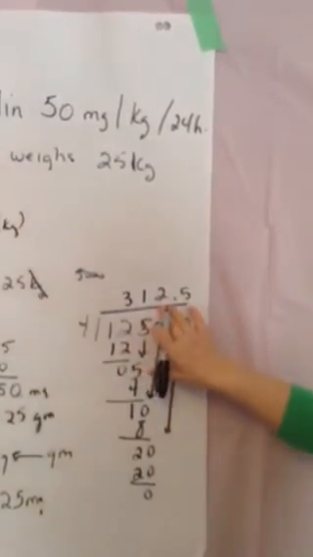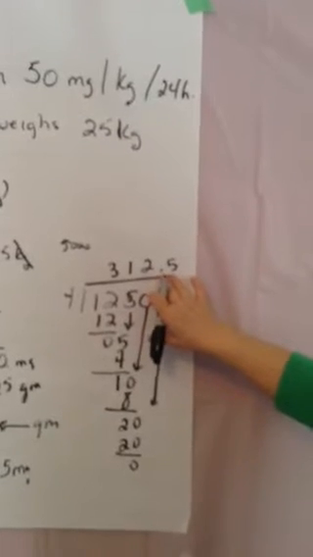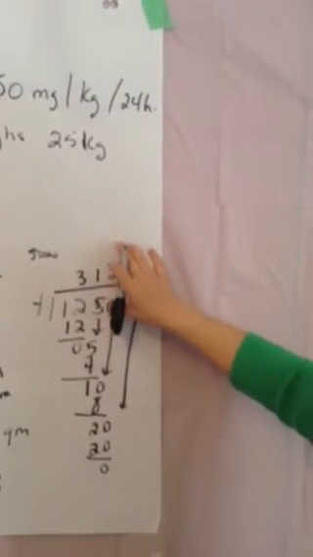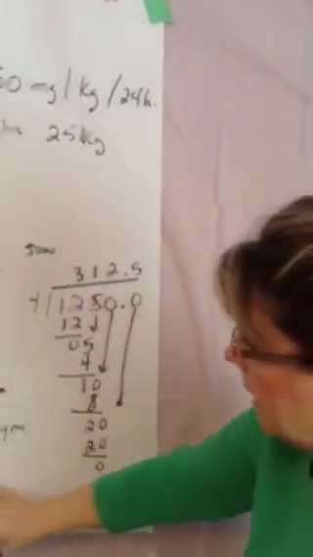So we're going to be looking at 312.5 milligrams of ampicillin. Q6H is 4 times a day, and we've got our safe dosage.